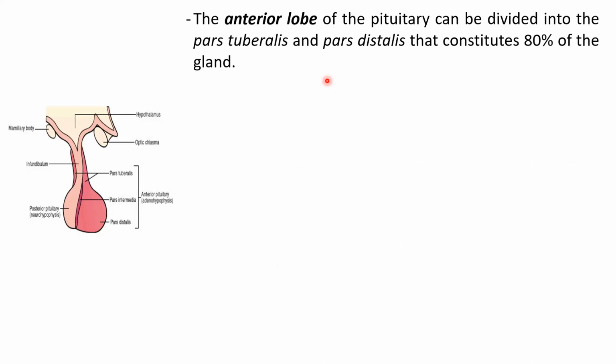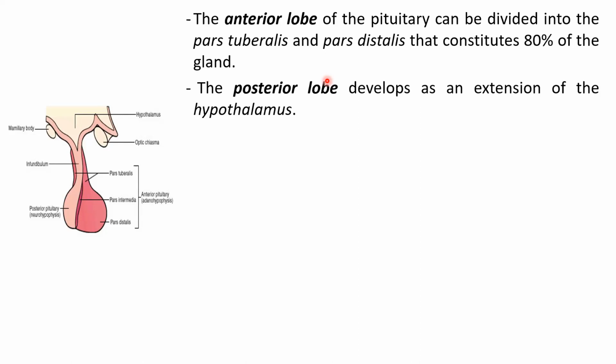Then the anterior lobe of the pituitary can be divided into the pars tuberalis and the pars distalis, which constitute about 80% of the gland. So the anterior region of this pituitary gland has two divisions present, the pars tuberalis and the pars distalis.